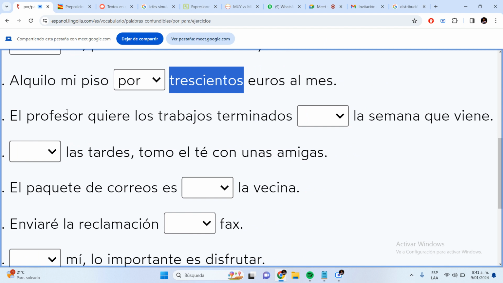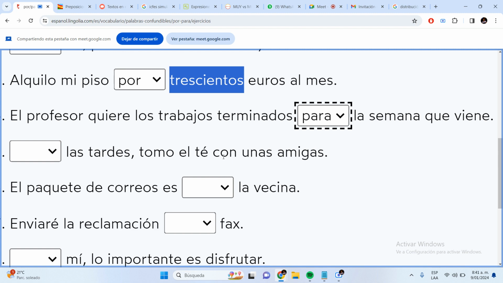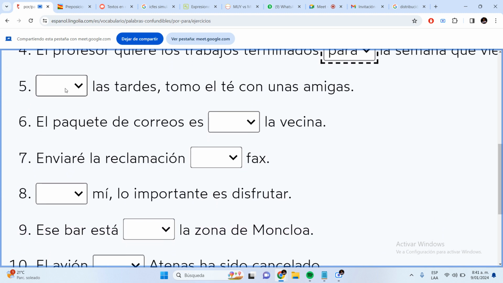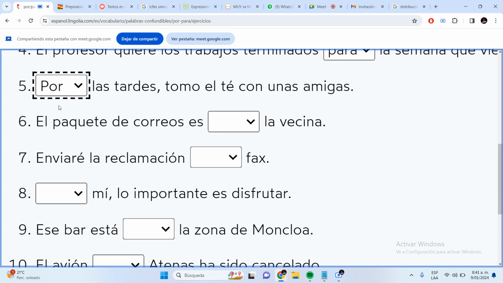El profesor quiere los trabajos terminados para la semana que viene. Por las tardes tomo el té con unas amigas. El paquete de correos es para la vecina.